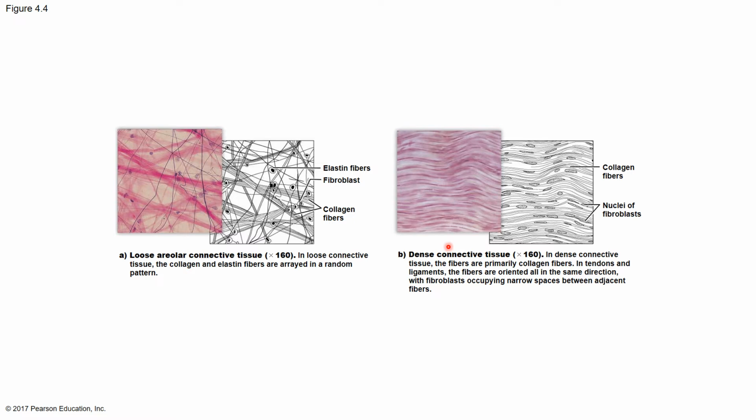It looks a lot stronger, and it makes sense that it would, because this is what makes up our ligaments and tendons, and we know that those for the most part are very tough structures. So we have collagen fiber and we have our cells. The collagen is the extracellular matrix, and then we have our cells in it.